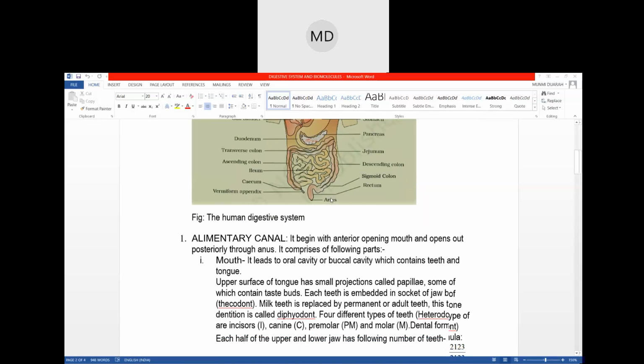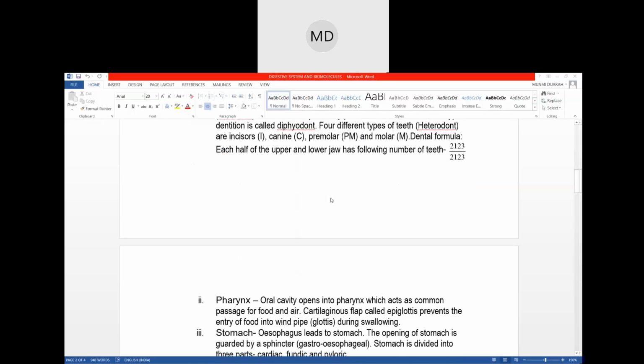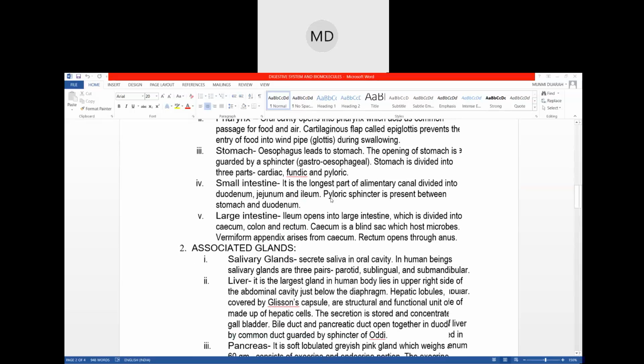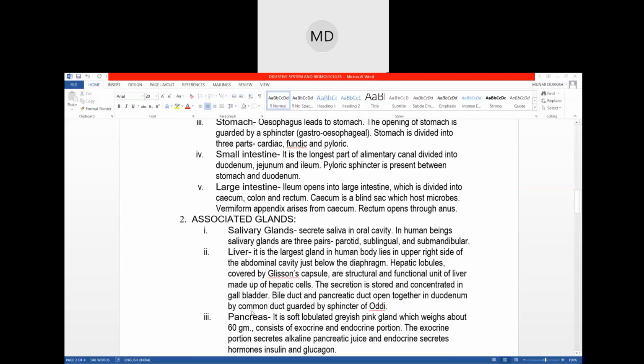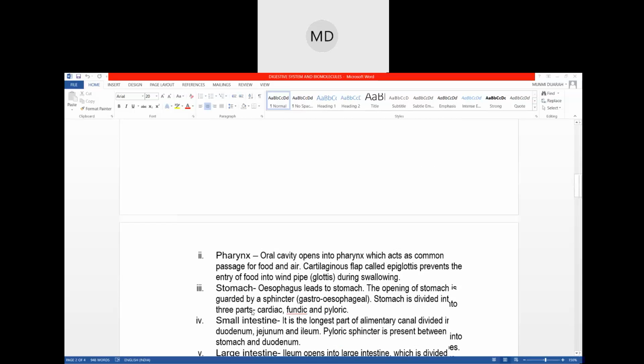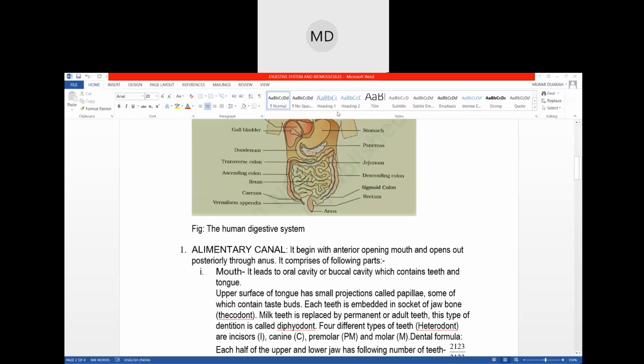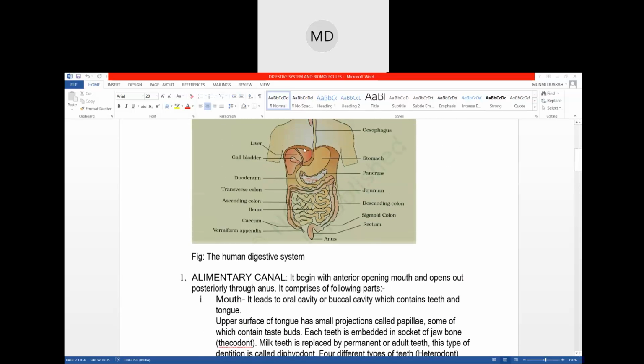Then there is the stomach, liver, salivary gland, and pancreas. This is the pancreas, attached near the small intestine, right? Pancreas is a type of heterocrine gland that we discussed earlier, because the pancreas can release which hormones?